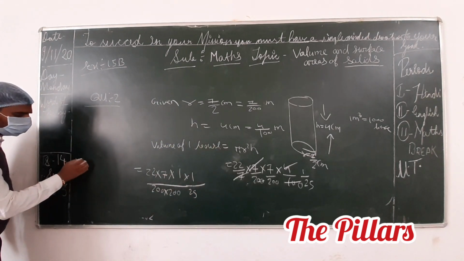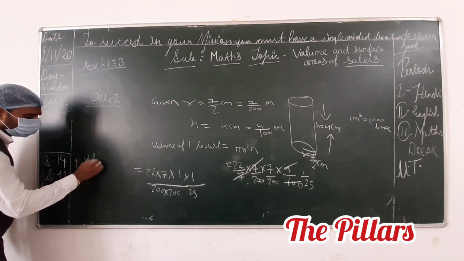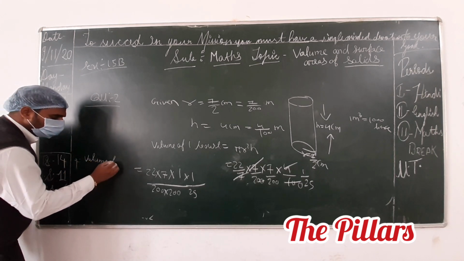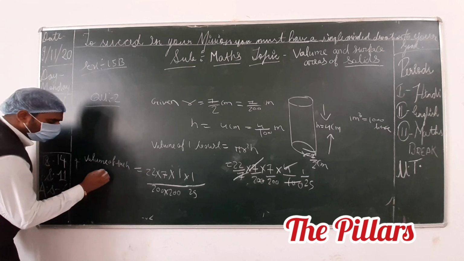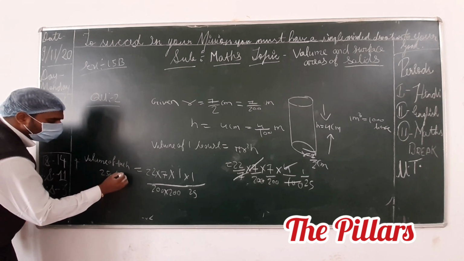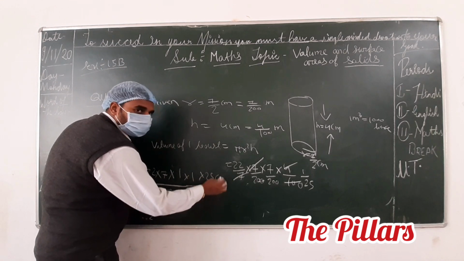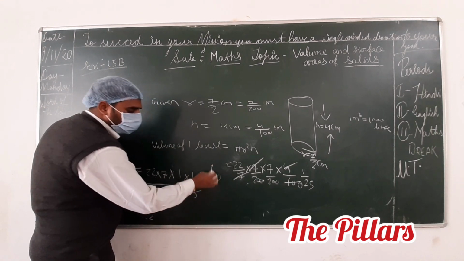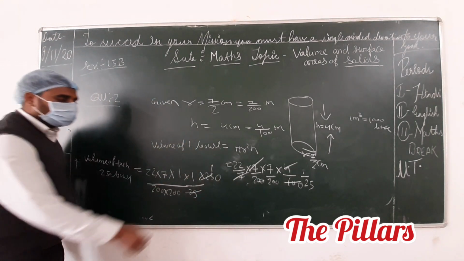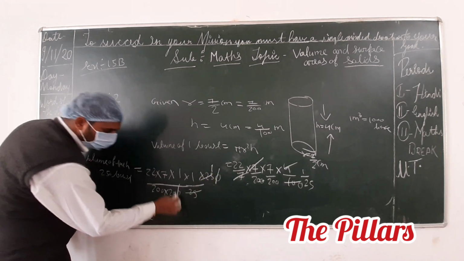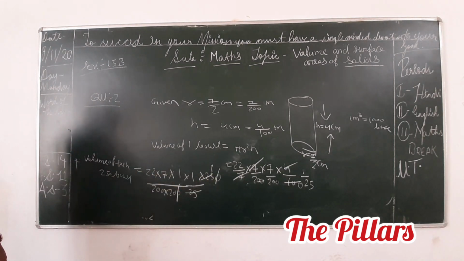Therefore, for the volume of such 250 bowls, we have to multiply by 250. 25 and 10, 1 0 and 1 0. Till here anyone have any problem?